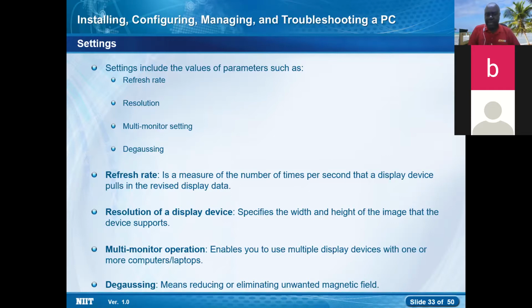Degassing is a term that is used, again in relation to CRT monitors.